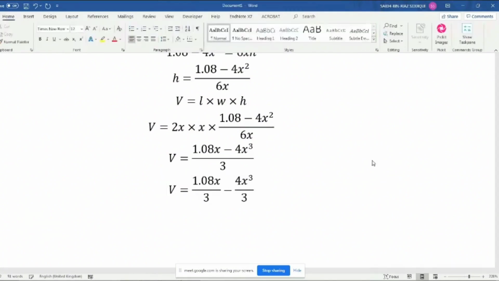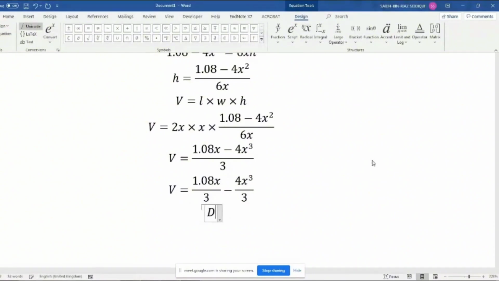Now let's differentiate it. What do I get? dV by dx. 1.08 upon 3. If you use your calculator, you will get a direct value for this as well. Minus, just multiply this 3 over here. 3 multiplied by 4x square upon 3.